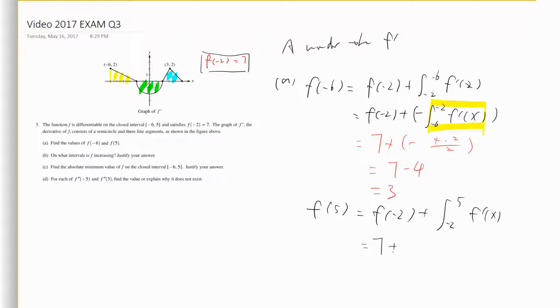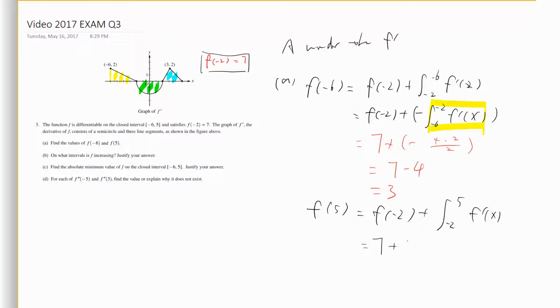As we can see, this yellow triangle is not included in this formula, but the blue triangle and the green semicircle are on the interval from -2 to 5.